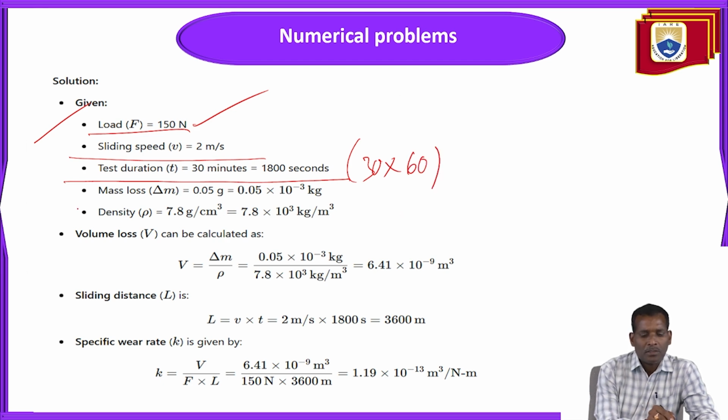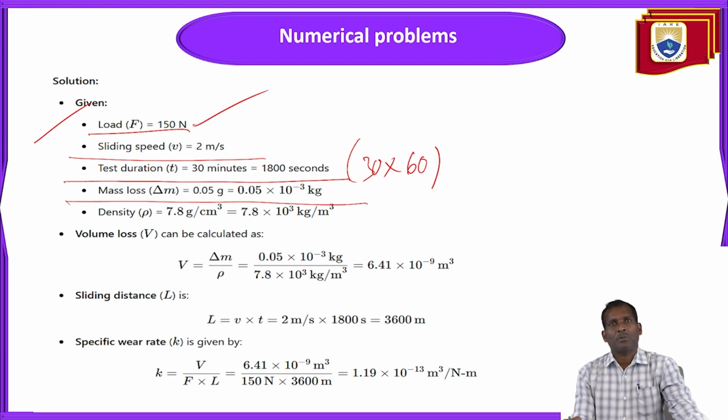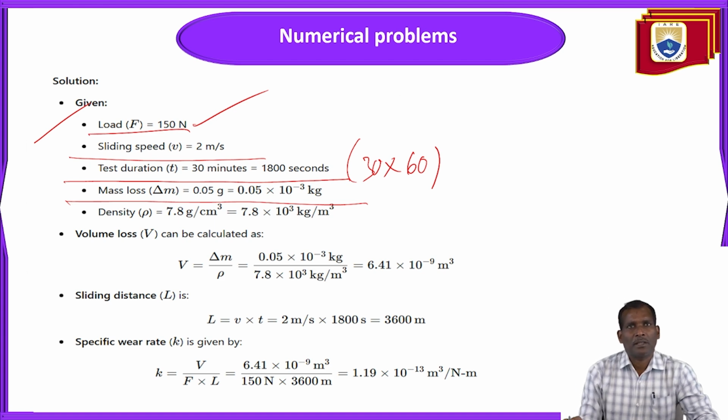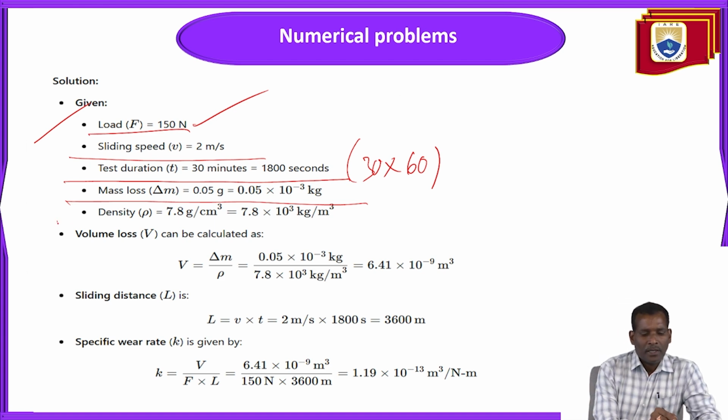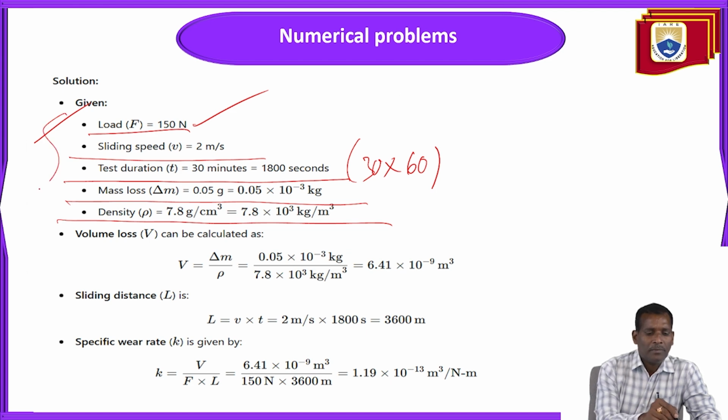The mass loss is 0.05 gram, which is 0.05 multiplied with 10 to the minus 3 kg. The density is 7.8 gram per centimeter cube. So these are the given data.